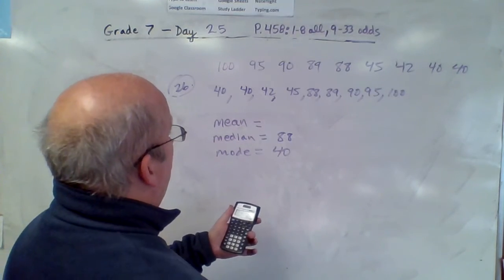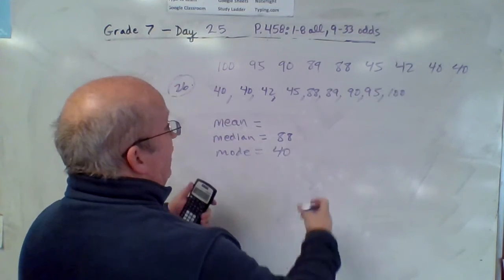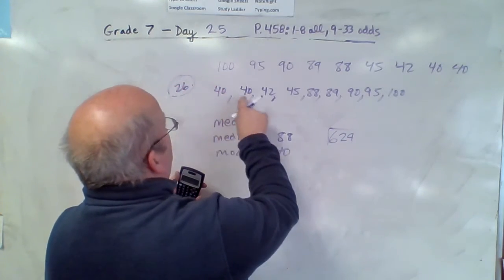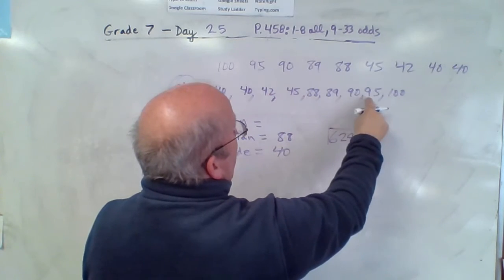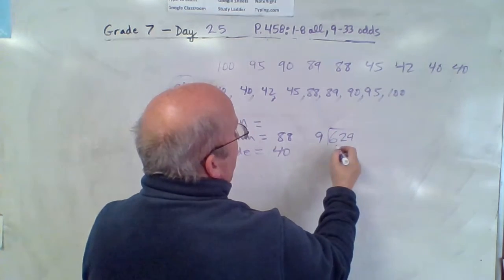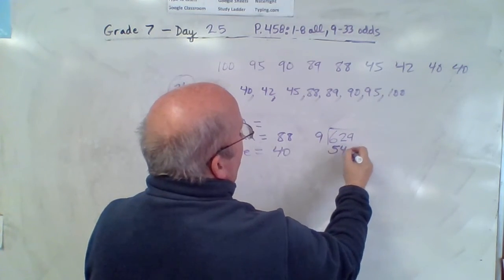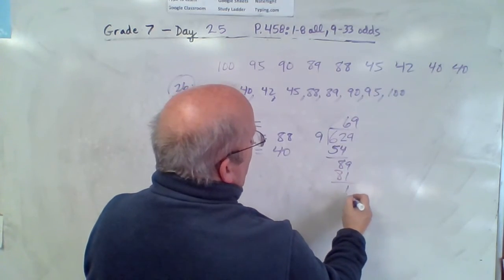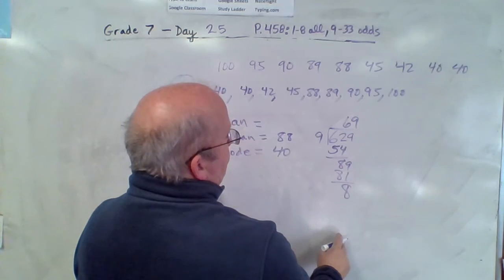That gives me a total of 629. How many numbers are there in this set of data? 1, 2, 3, 4, 5, 6, 7, 8, 9. Let's divide by 9.